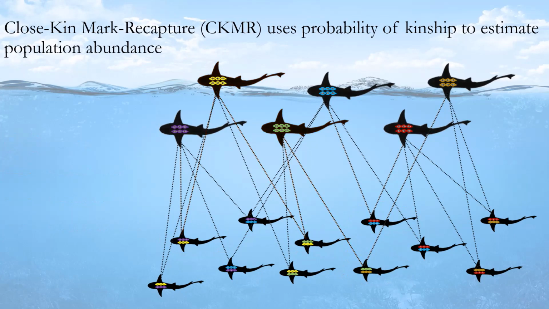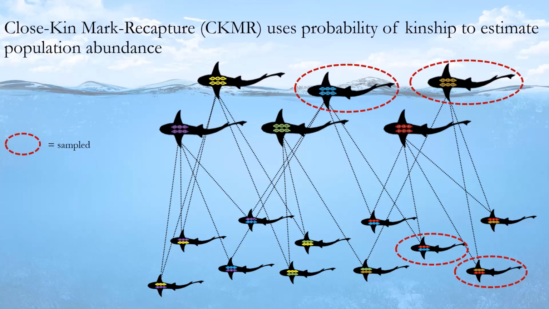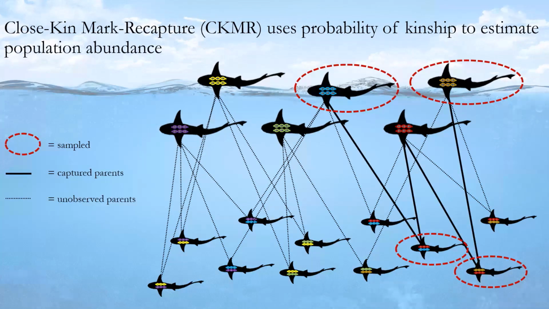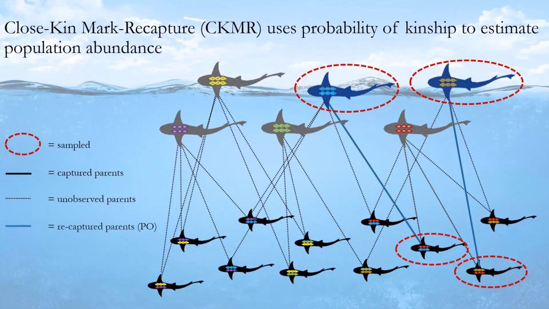So let's wipe the slate clean now and imagine that we employ a different sampling scheme where samples are more evenly split between adults and juveniles. In this case, we may sample 2 juveniles and 2 adults. If we again trace parentage back through the solid black lines, we see that there are 2 instances where we have directly captured the adult's DNA by capturing the adult, and then we've recaptured his DNA by capturing its offspring. So we have 2 parent-offspring pairs.